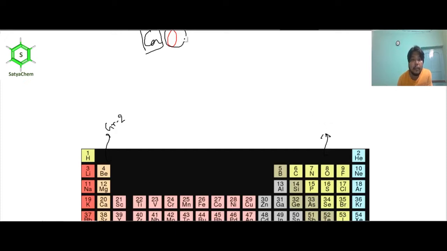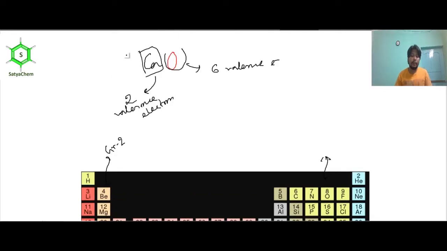It has 6 valence electrons, whereas calcium has 2 valence electrons. If it loses 2 valence electrons, then it will have the neighboring noble gas electronic configuration. So that is why it has a tendency to lose electrons, and that is why I will give a +2 charge.